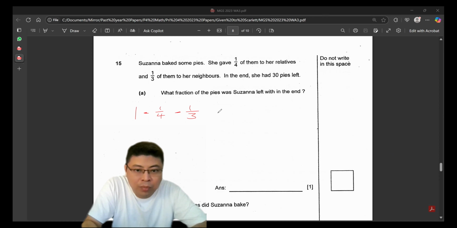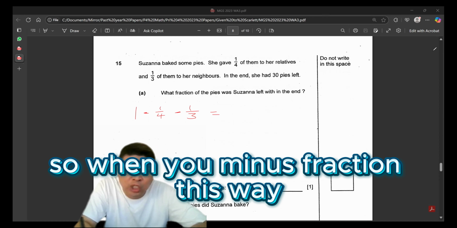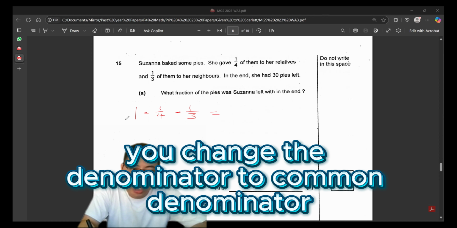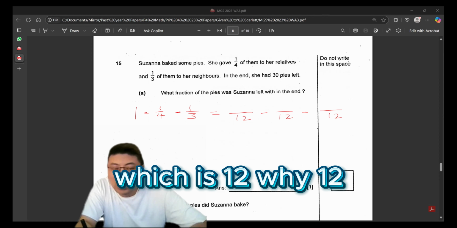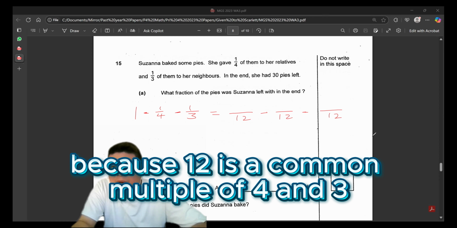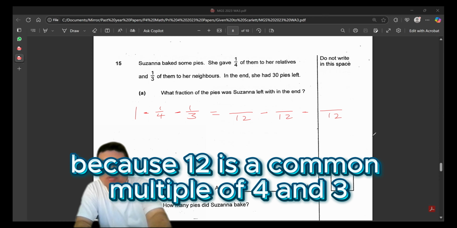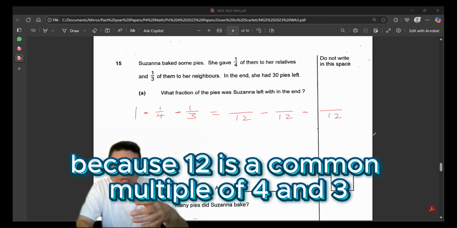to her neighbors. So when you minus fractions this way, you change the denominator to common denominator, which is 12. Why 12? Because 12 is a common multiple of 4 and 3.